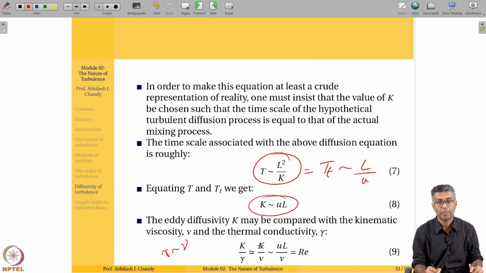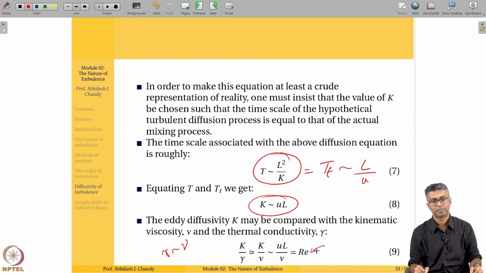So K over gamma or K over nu becomes equal to Reynolds number. Think about this. Ratio of the effective diffusivity to the momentum diffusivity is the Reynolds number. So higher the Reynolds number, higher is your effective diffusivity compared to the momentum diffusivity.